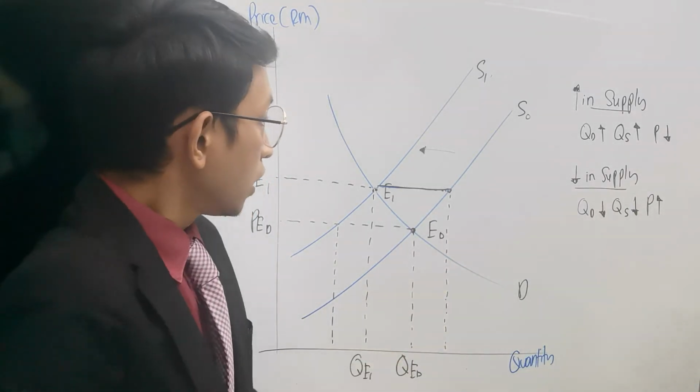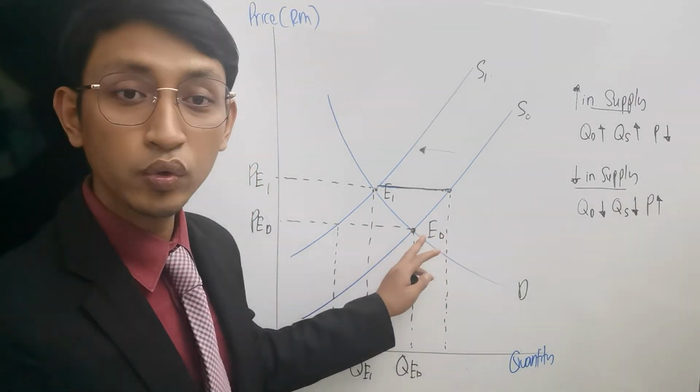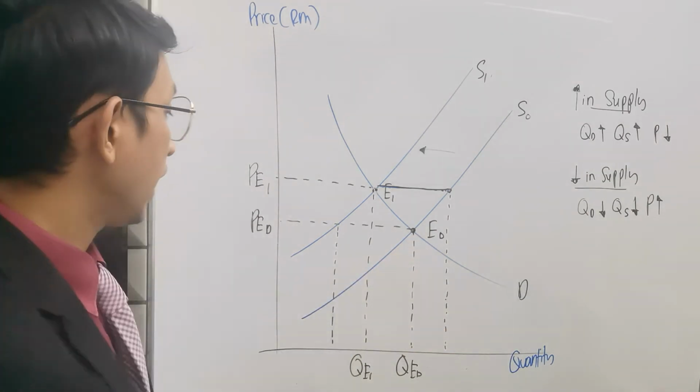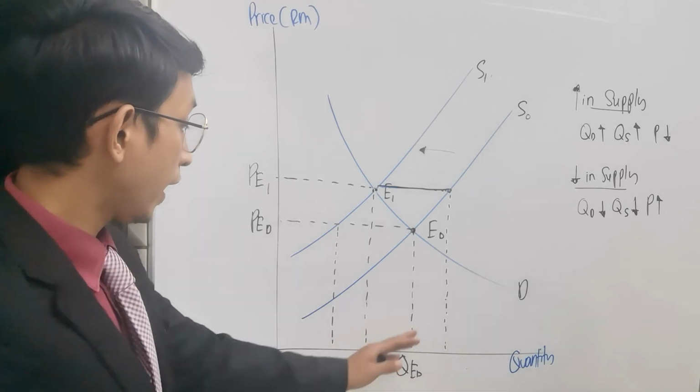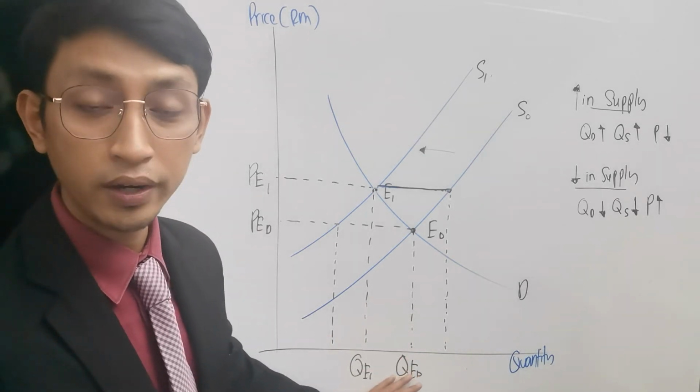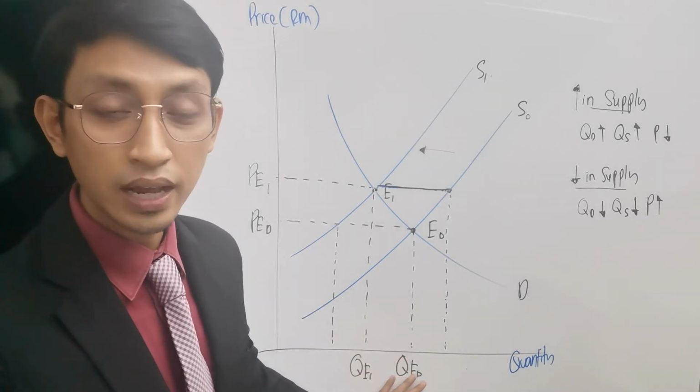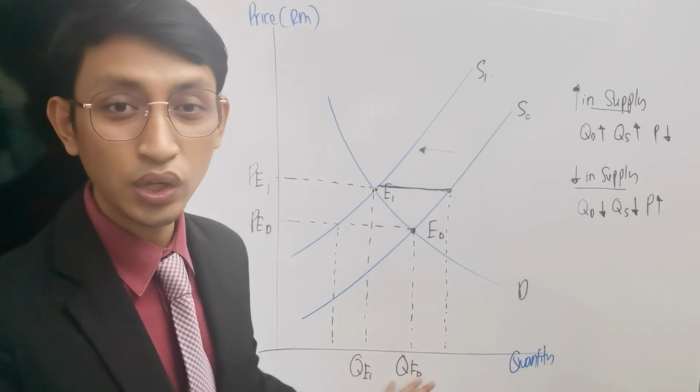So this is our original equilibrium point, E0, and this is our original price equilibrium naught and quantity equilibrium naught.